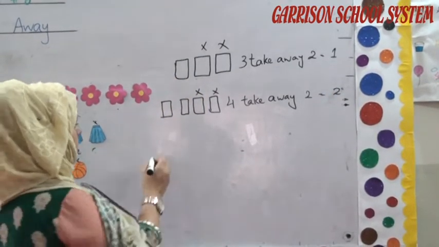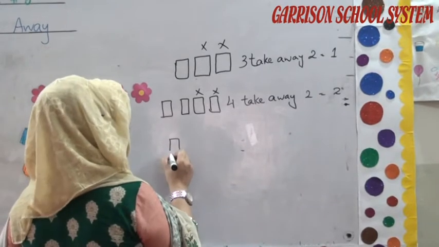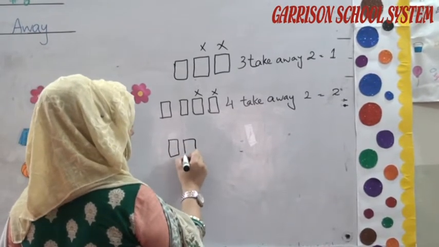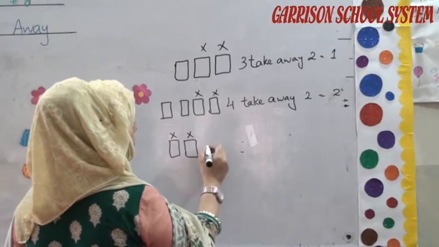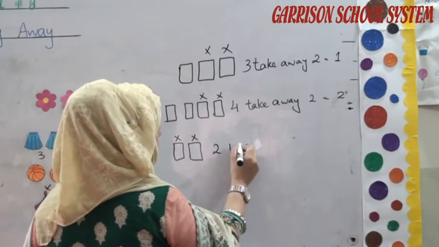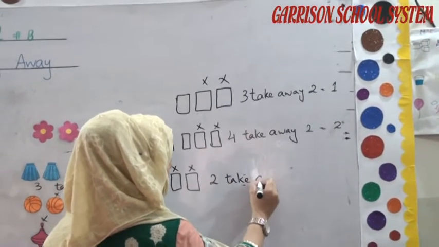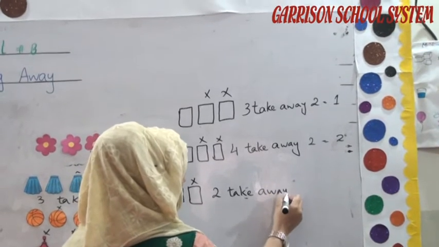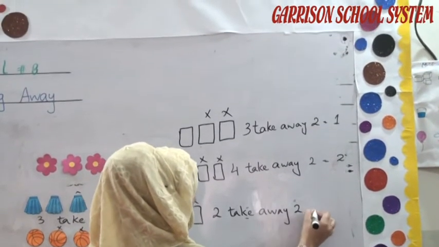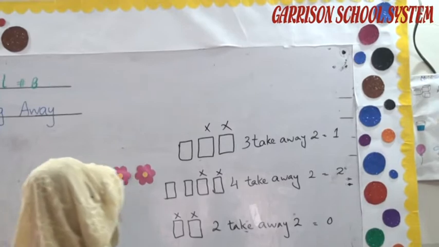If you have 2 glasses, you cross those 2, take away 2, 2 is equal to 0.